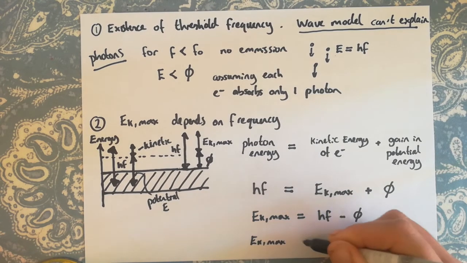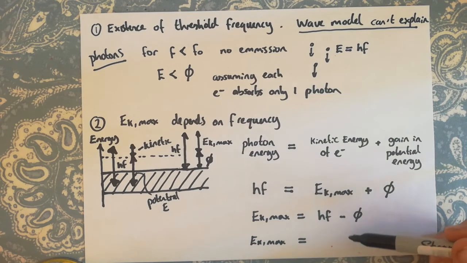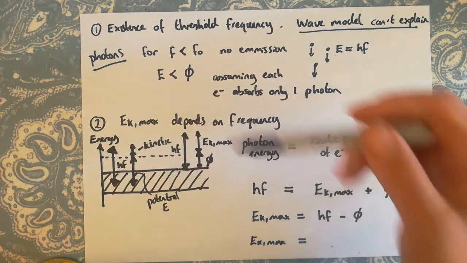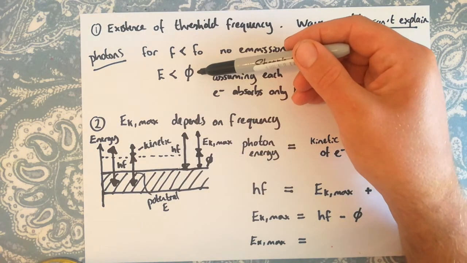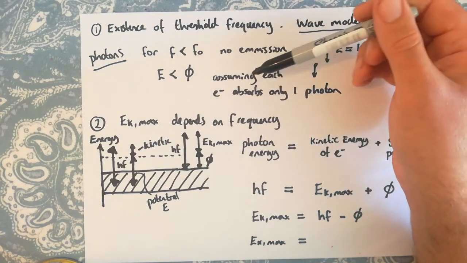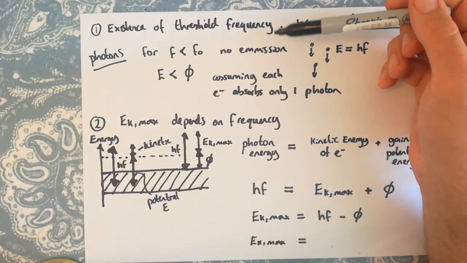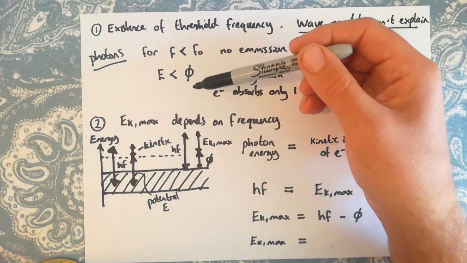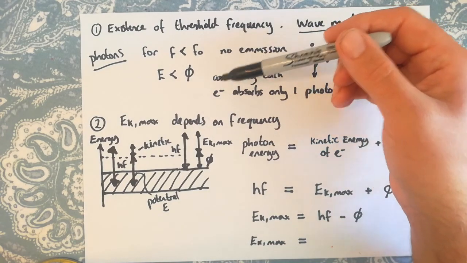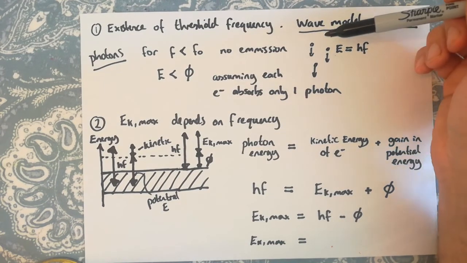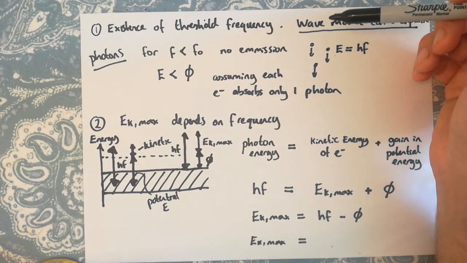the work function, if we think back up here when we were talking about it, if the photon energy was lower than the work function, we get no emission. If the photon energy is equal to the work function, then in that situation we are at the threshold frequency.